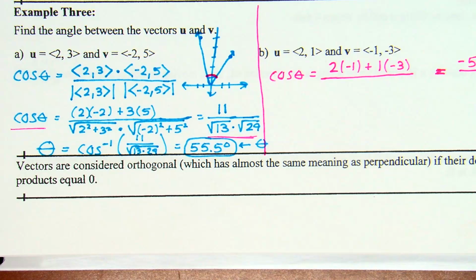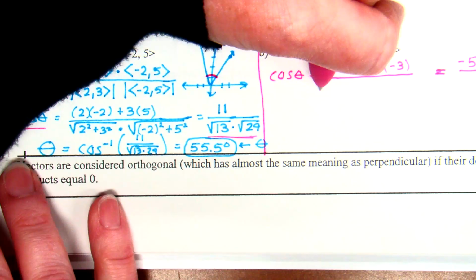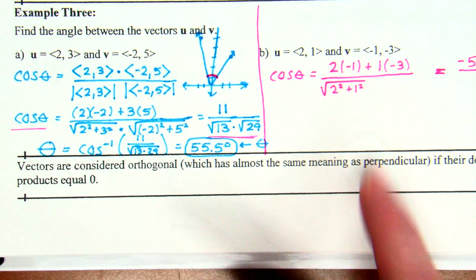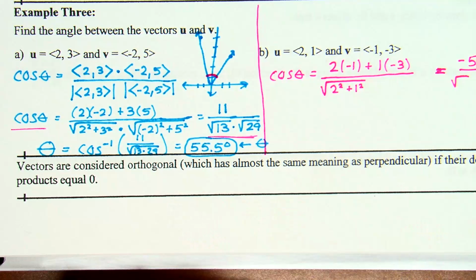Okay. Denominator. Absolute value of u. Square root of two squared plus 1 squared. And so that's going to be the square root of four plus 1, or in other words, 5.